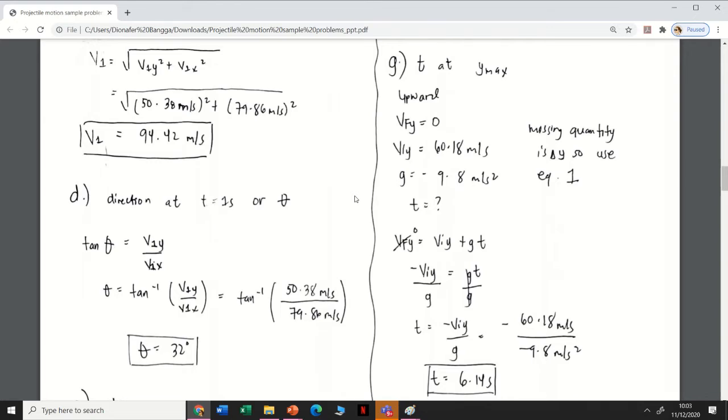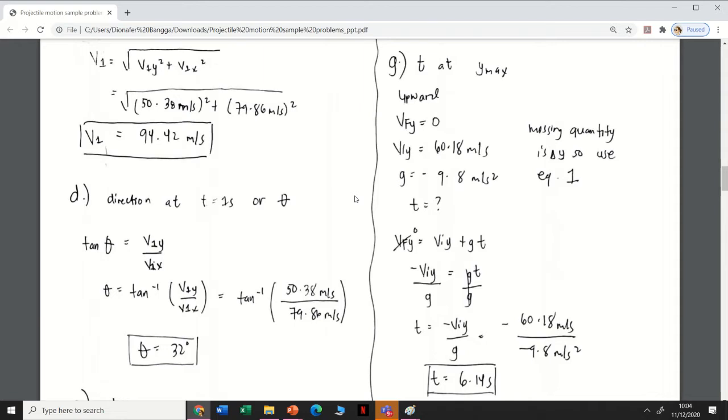So we considered the velocity, the delta x, the delta y, and all the other quantities at that point. So in this case, for letter G, what we are looking for is the time at y equal to y max, the time it would take that object to reach the maximum height. So all the quantities that should be involved here are also found on the maximum height of our object. Since we don't know yet the delta y, that would be our missing quantity in this case.